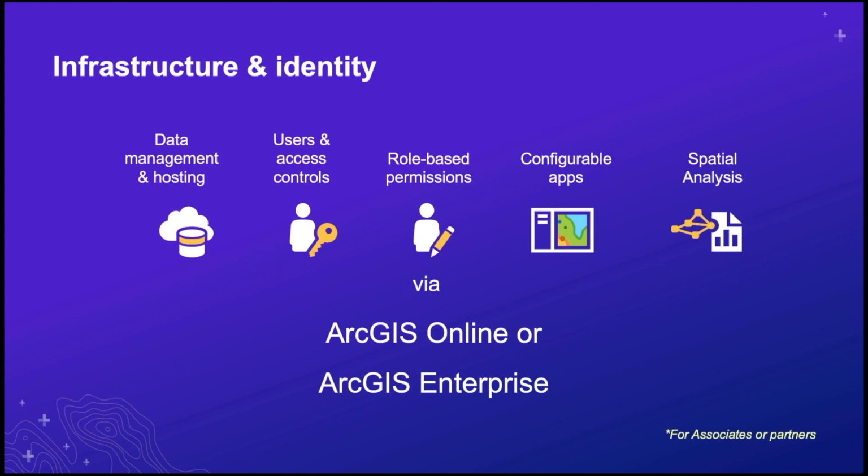Okay. Bucket number 2 is infrastructure and identity. This is what we would consider to be the core of the ArcGIS platform. So this is where you're starting to host your data within ArcGIS and manage it and interact with it there. And then also using ArcGIS's notion of identity to control what users can access which data sets, what they can do against those data sets, and just generally the permissions that those users have within the system.